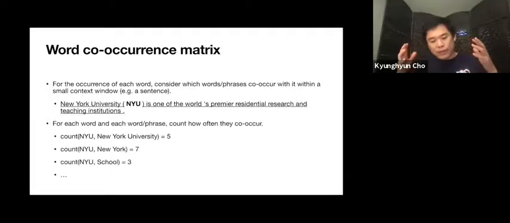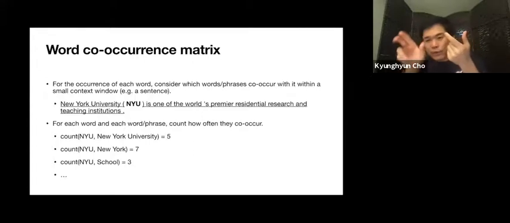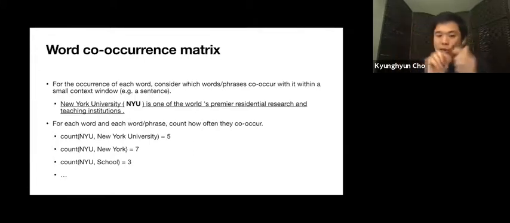So then now we can think about building a table or matrix of co-occurrences. We're going to consider the meaning of the word, individual words. So for each word, we're going to go through a large amount of data sets, such as entire Wikipedia, and then trying to see for every possible other word or phrase whether this target word and one of those phrases co-occurred or not.